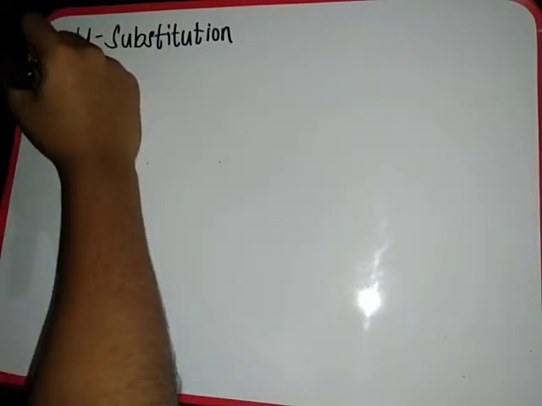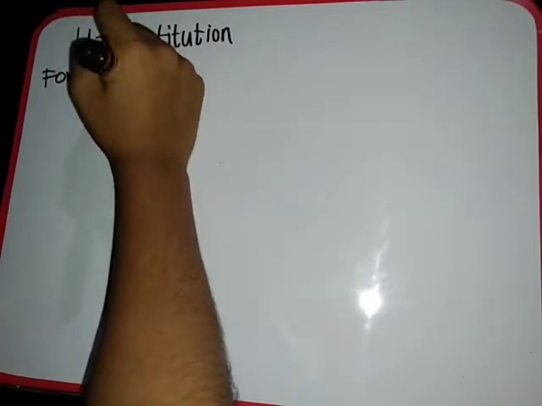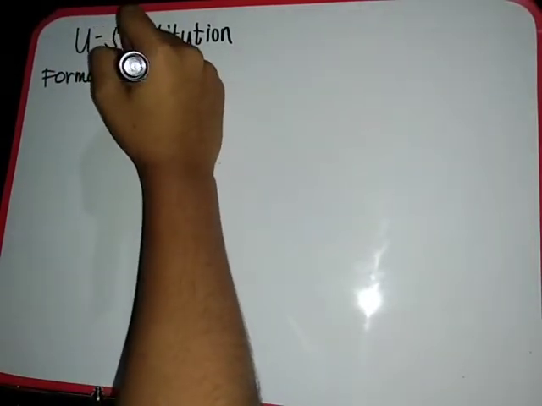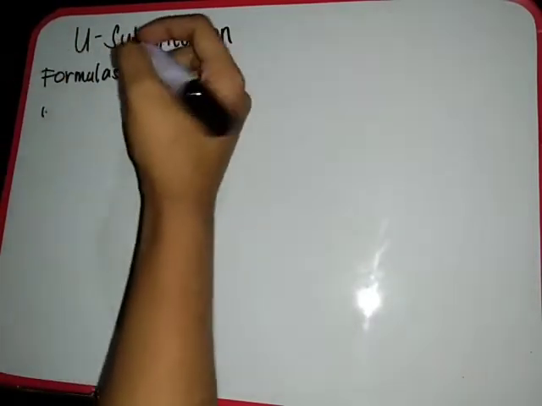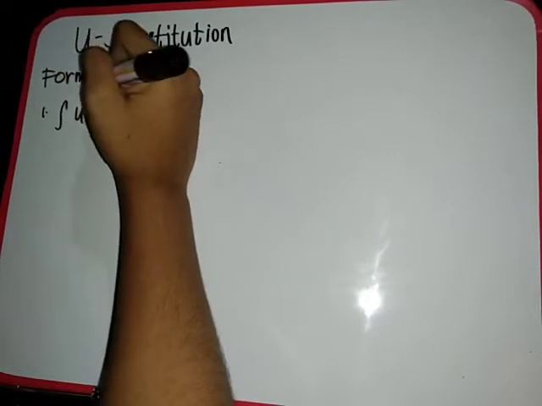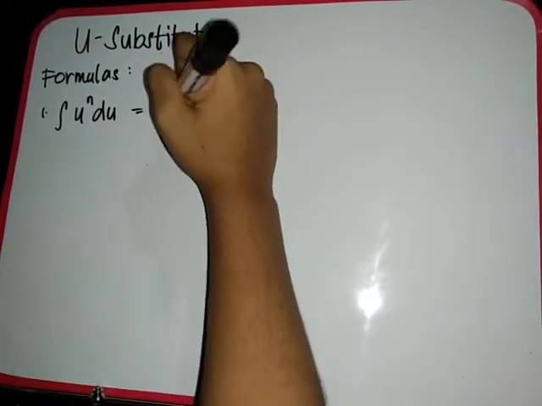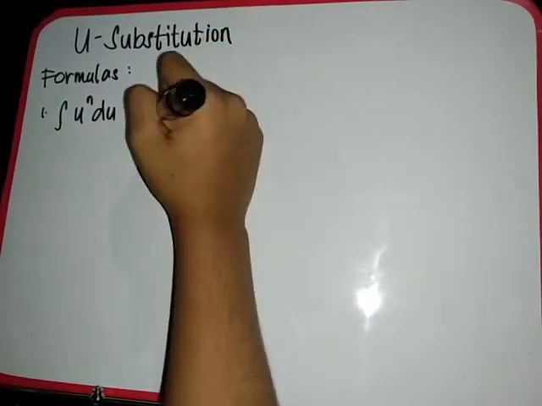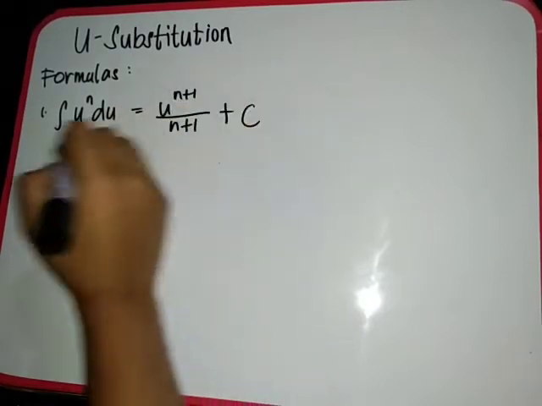Here are the formulas for u substitution. First is the integral of u raised to n du is equal to u raised to n plus 1 over n plus 1 plus c.